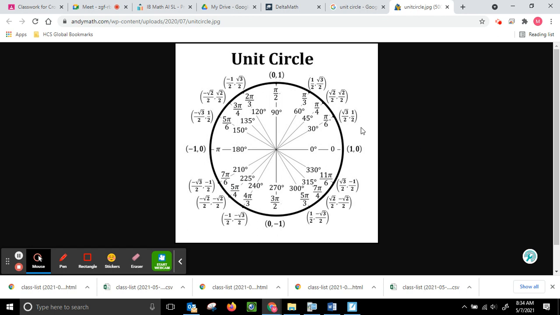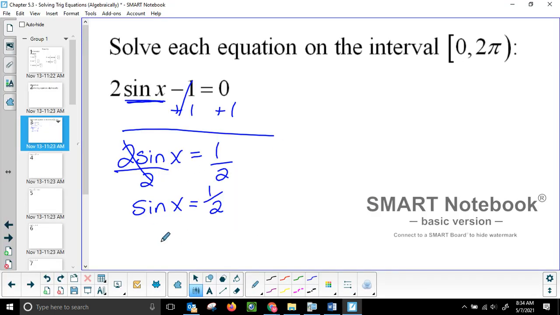So I go pi over 6 is one of them. And where else? And 5 pi over 6, absolutely, right? So here's a y coordinate of 1/2 at 5 pi over 6. Here's a y coordinate of 1/2 at pi over 6. So we can simply say x is equal to pi over 6 and 5 pi over 6. And that's it. That's all there is to it.